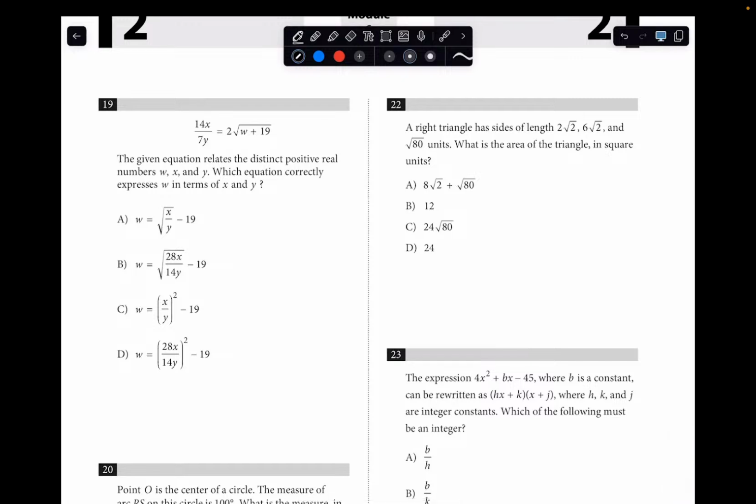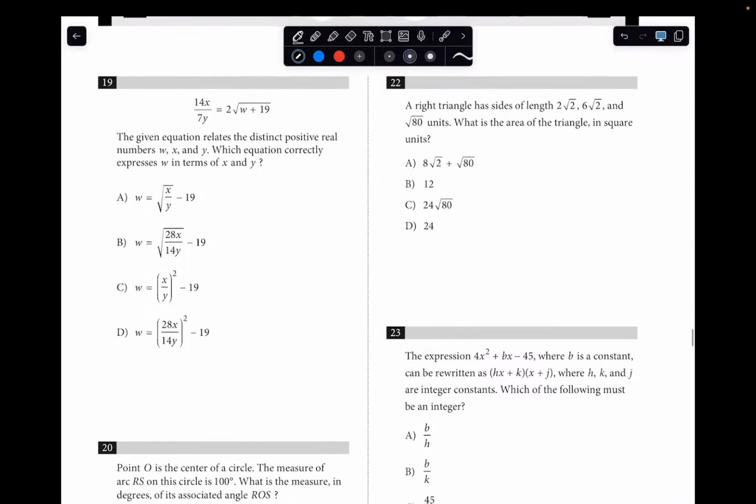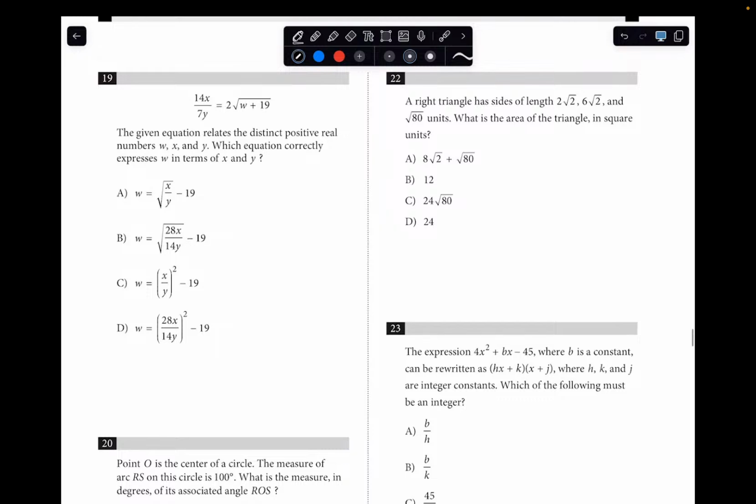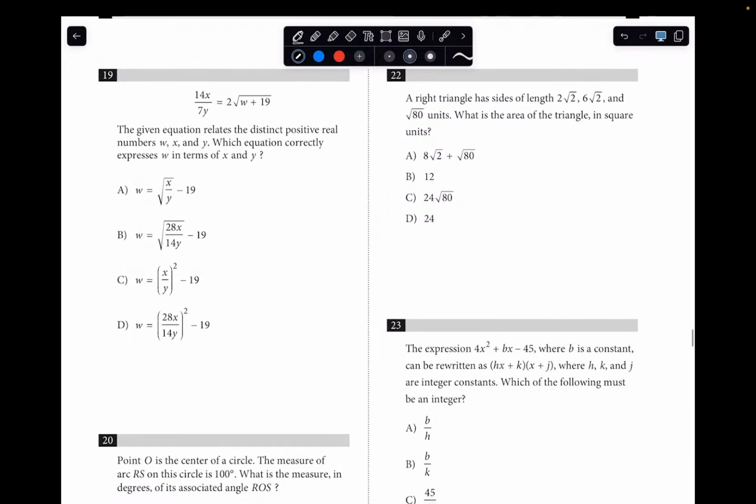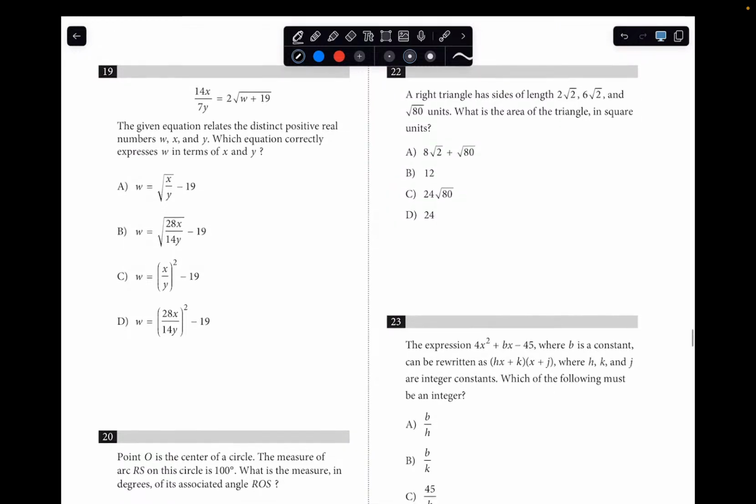$19. So they give this equation. They want us to clean this all up and express it in terms of W. So the first thing I can do is go x over 2y equals 2 square root w plus 19.